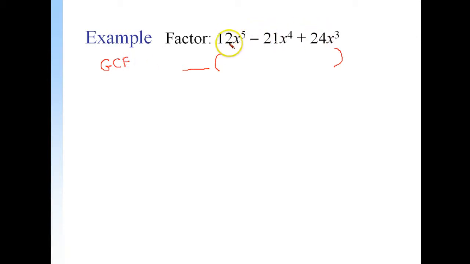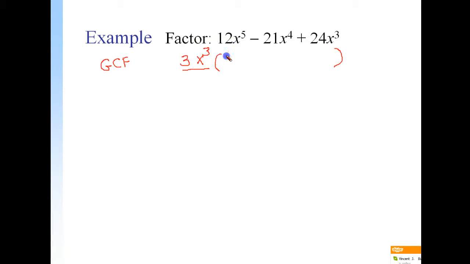Now as I look at them, for the number part, I see I can take a 3 out of there, a 3 out of there, a 3 out of there. So the greatest common factor is 3. Now I have x to the 5th, x to the 4th, x to the 3rd. So the smallest one is the one I have to take out of every one. So it's going to be x to the 3rd.